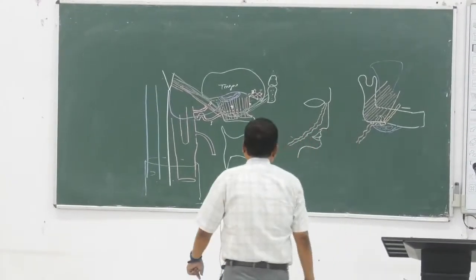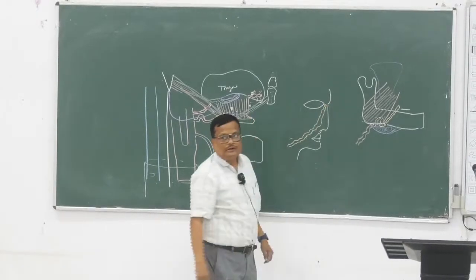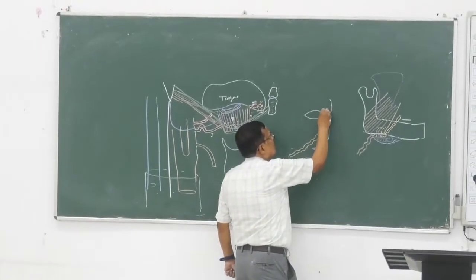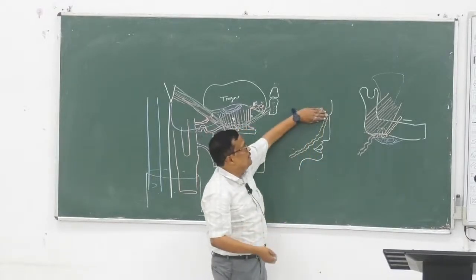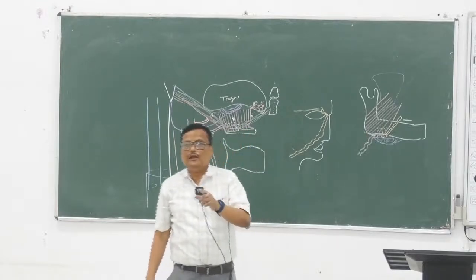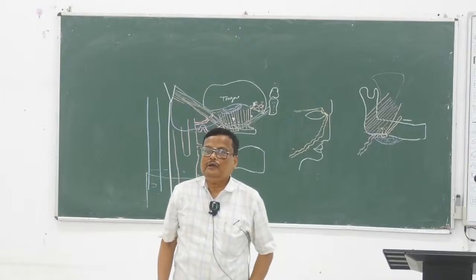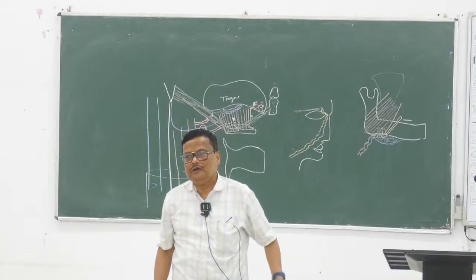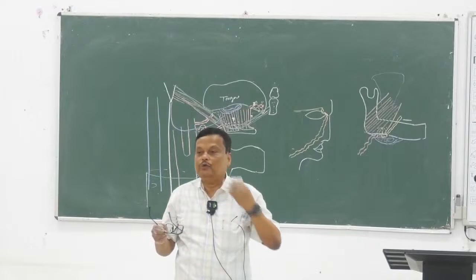So here it joins with a branch of the ophthalmic artery, which we cannot see, as it is inside the cranial cavity. So the facial artery is an important communication between the internal carotid and external carotid arteries, because the facial artery is a branch of the external carotid artery and the dorsal nasal artery is a branch of the internal carotid artery.